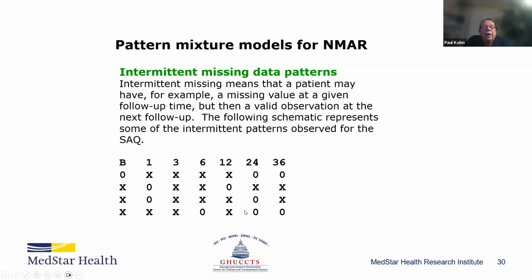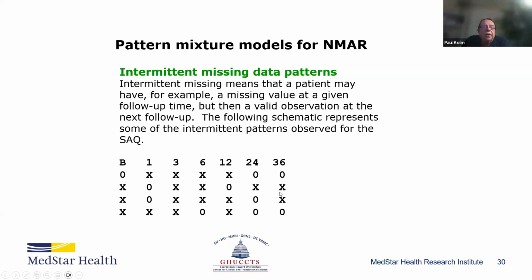What we mean by an intermittent pattern here is that a value is missing, but you have data on either side of the missing value. Take the second patient here. I have a missing value at 1 month, but they have baseline and 3-month values. They have a missing value at 12 months, but they have data at 6 and 24 months and 36 months.